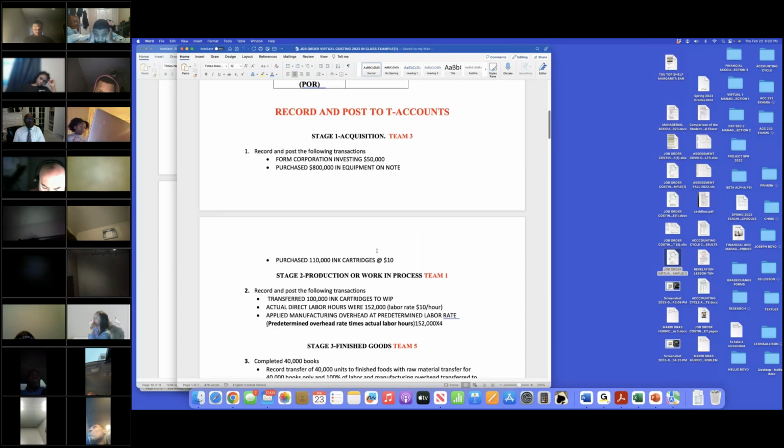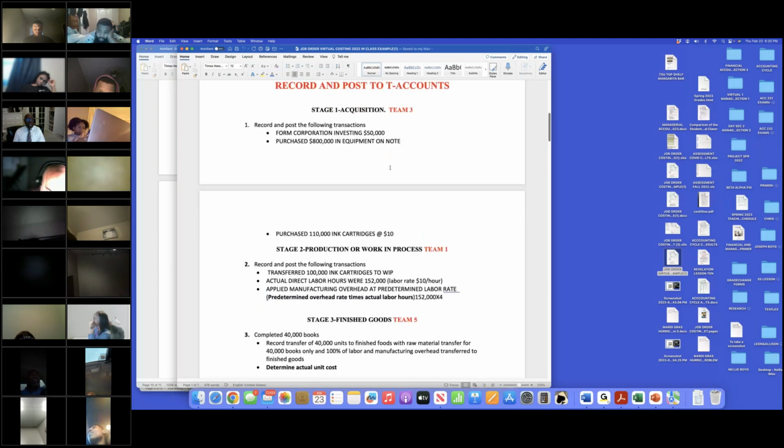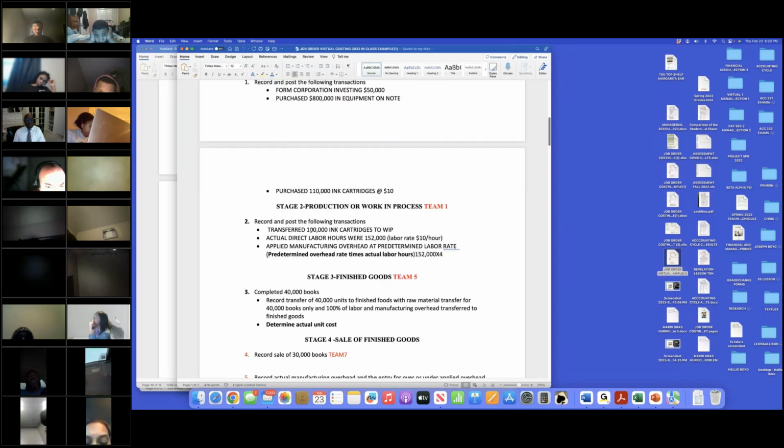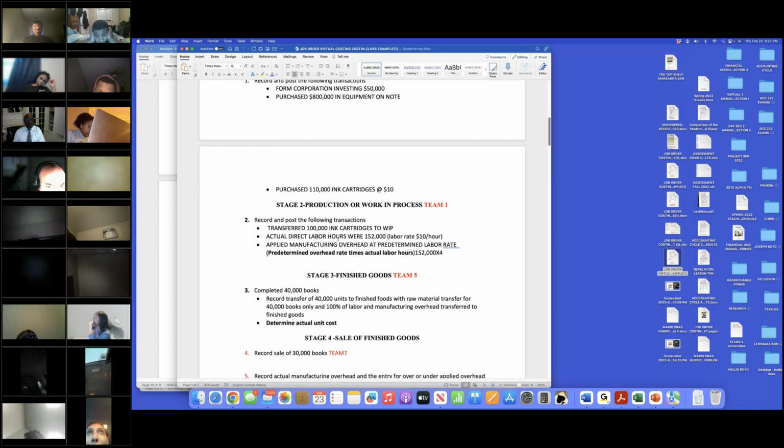We use it to multiply it times the actual labor hours to come up with how much overhead we think we're going to have. We have to estimate this overhead, and we've got to do this in the middle of the year, before all the costs are in. So team 1, you've got these costs of working to transfer the cost to work in process.